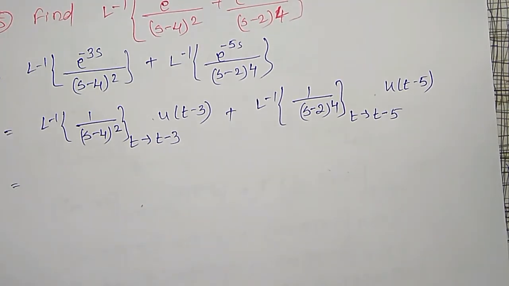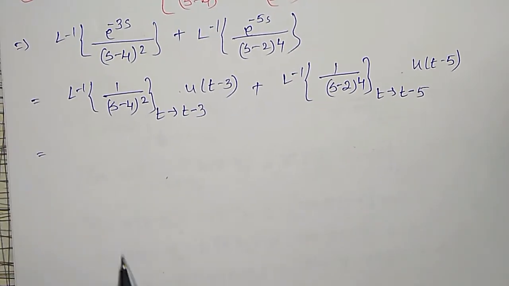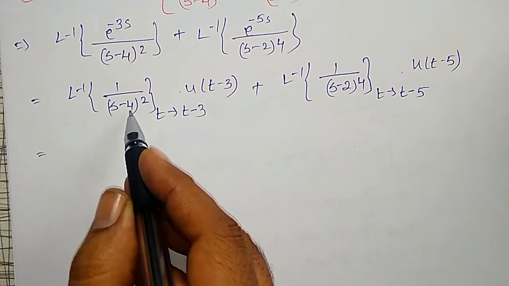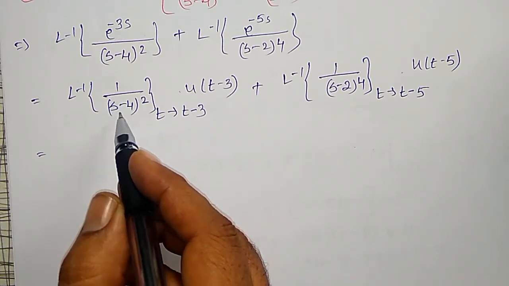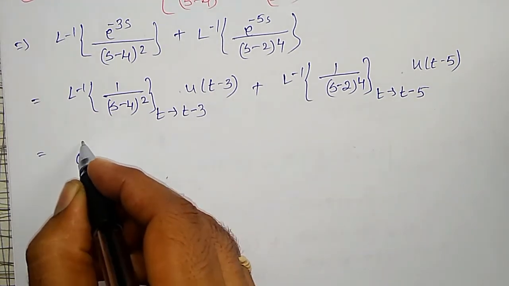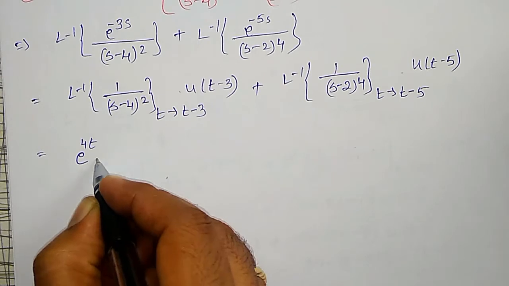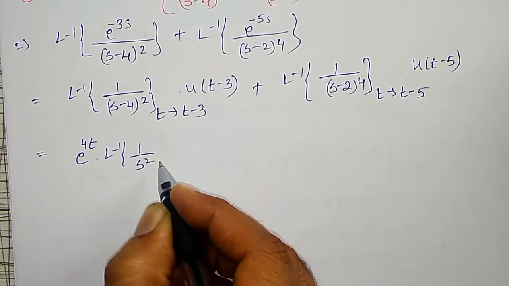To find out its inverse Laplace transform, what I have to do here is, s minus 4 is replaced by s and extra multiplied by e to the power 4t, into the inverse Laplace transform of 1 divided by s square.